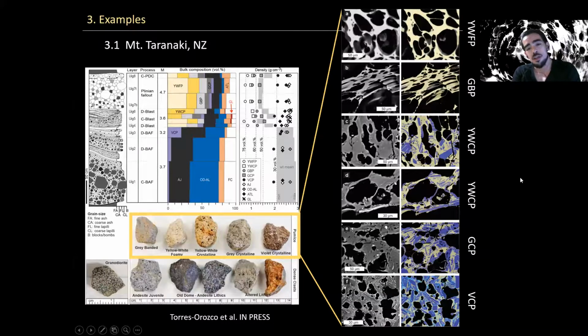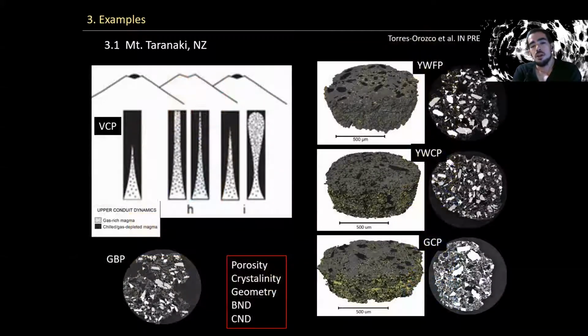What this data tells us: the last slides I was only showing 2D images, but once we get the 3D data, we can really quantify the input of every different type of rock texture into affecting the rheology of magma, and so the type of eruption which is being produced.